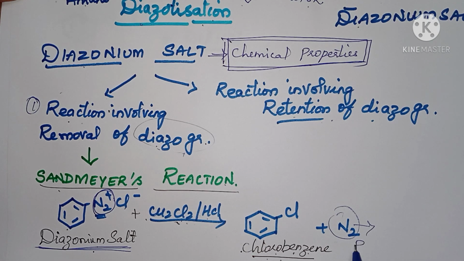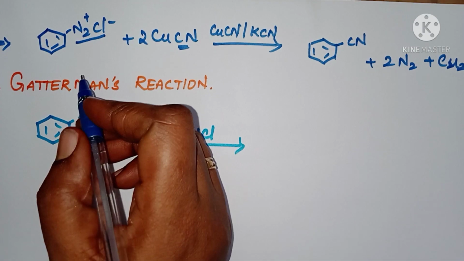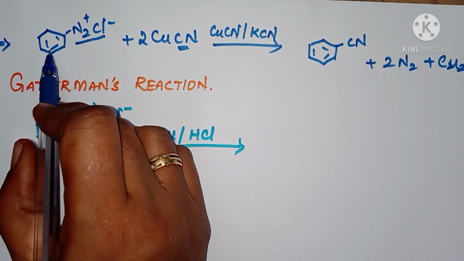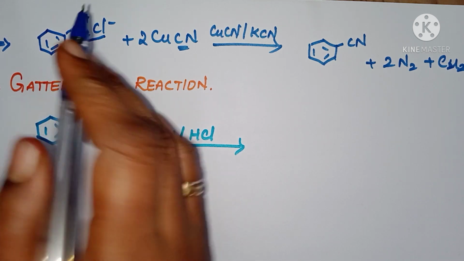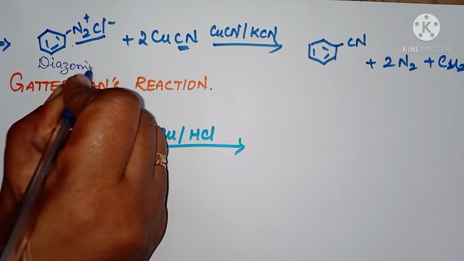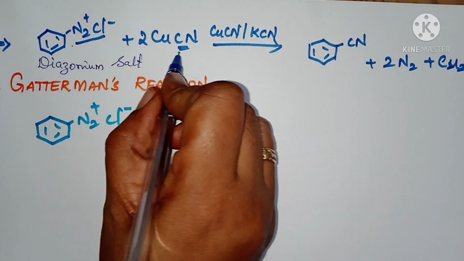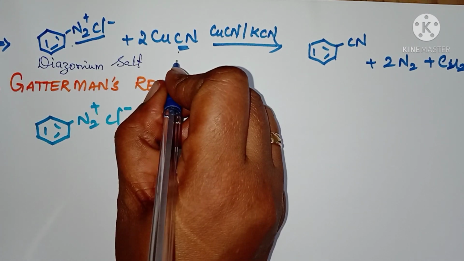So it is a removal method. Okay, next one. The second point, which is diazonium salt with cuprous cyanide.